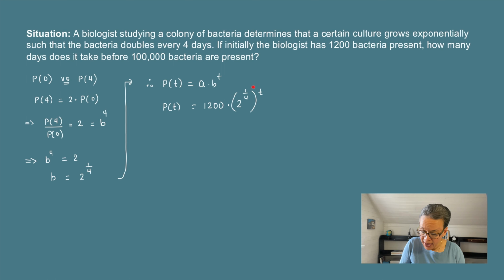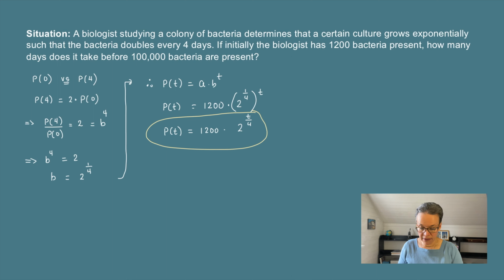And remember that exponents multiply each other. So having 1/4 times t is the same thing as saying t over 4. So I'm going to write that P of t is equal to 1,200 times 2 to the t over 4. And here is my model.